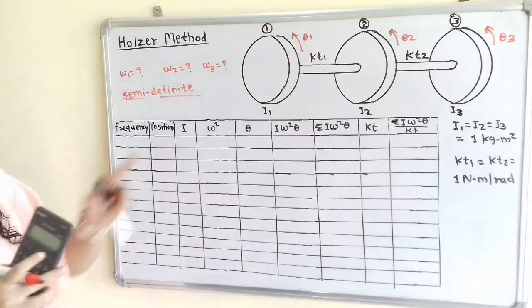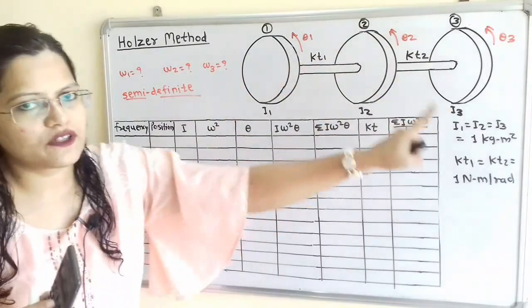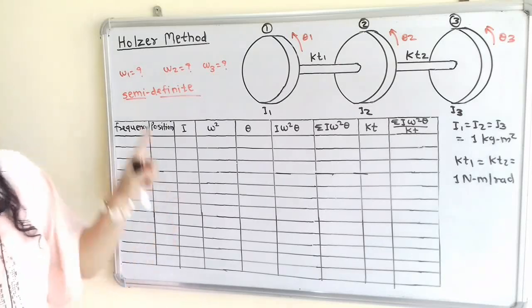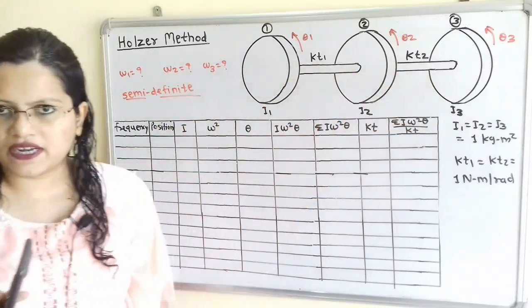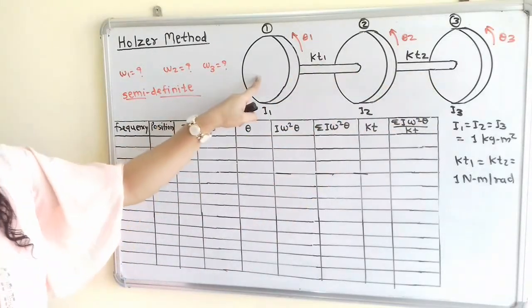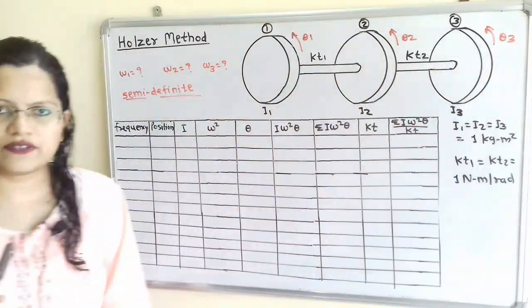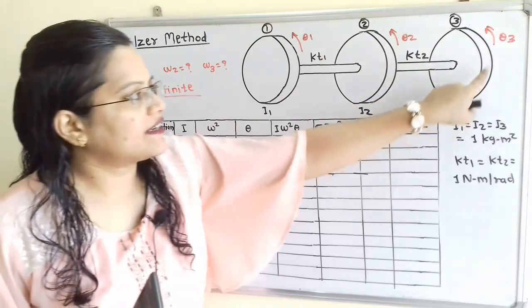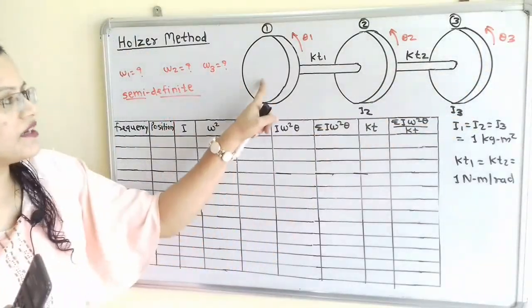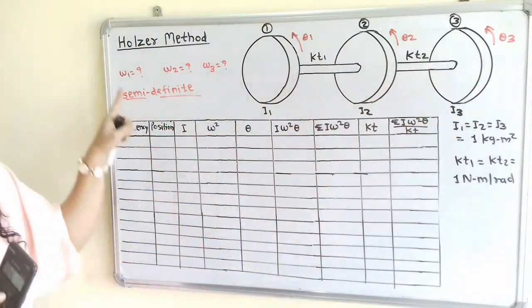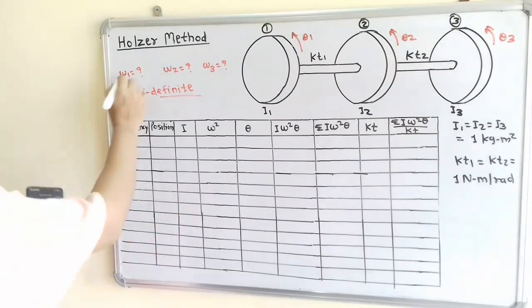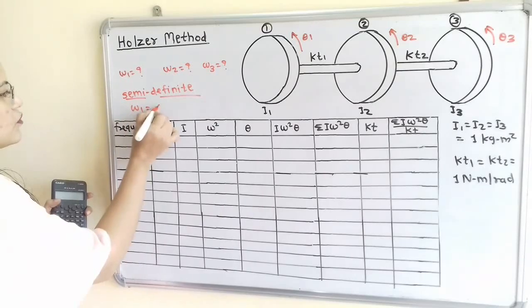Now if we observe the diagram, because of three rotors we have to find out three natural frequencies. But because this system is a semi-definite system, no shaft at the end points of the diagram, so either left hand side or right hand side there is no shaft, but there is rotor, and therefore one frequency is always 0. So we will consider here omega 1 is equal to 0.